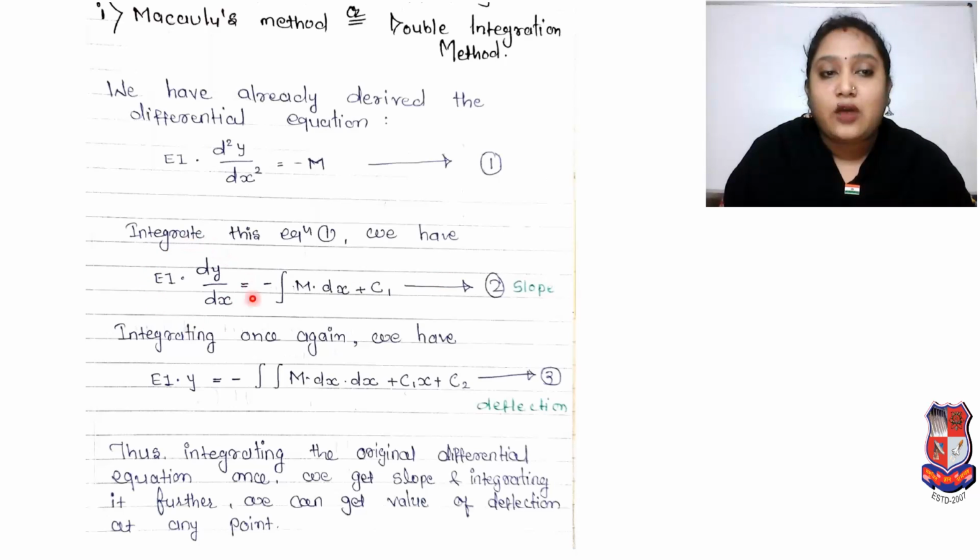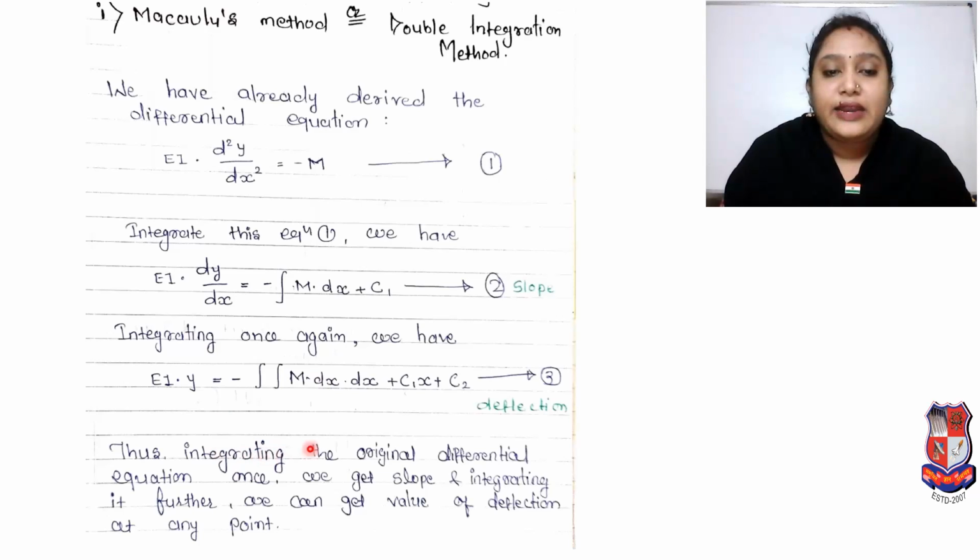Then again we have to integrate this, which means we are doing double integration. It is the double integration method. Integrating once again, we have EI y is equal to minus double integration M dx plus C1 x plus C2. This is equation number 3 for deflection. These 3 equations will be helpful to calculate the problem.